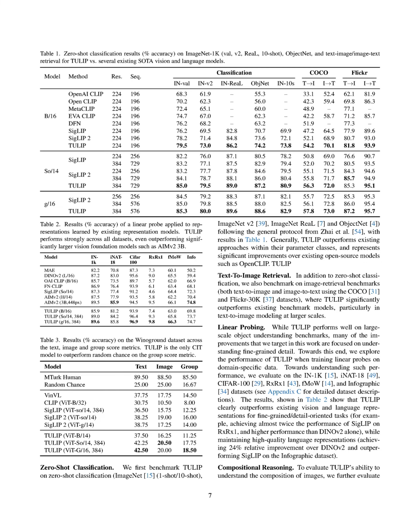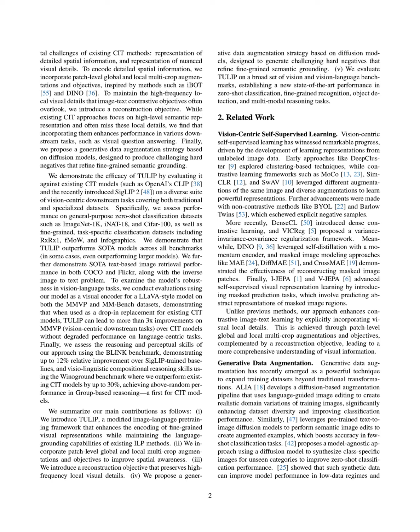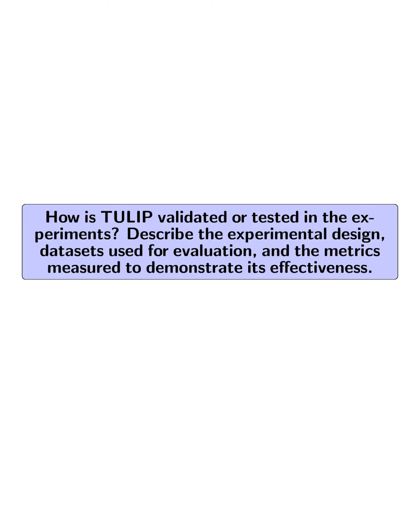Additionally, it excels in text-based image retrieval tasks on COCO and Flickr, and shows over 3x improvements on the MMVP benchmark for vision-centric tasks compared to existing CIT models. Notably, TULIP also outperforms existing models by up to 30% on the Winoground benchmark, showcasing its enhanced reasoning and perceptual skills.